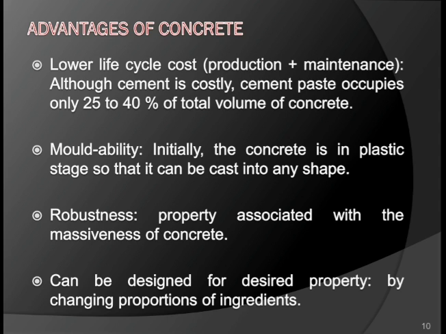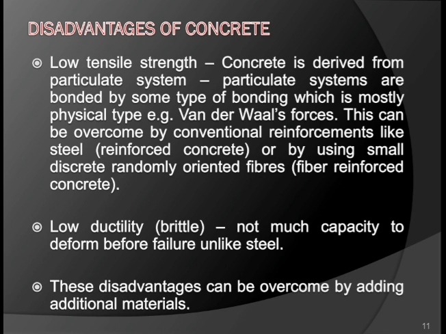In construction of bridge, canal, everywhere, by changing the proportion of the material, you can get the desired strength, desired shape, everything. So it is the most advantageous construction material.